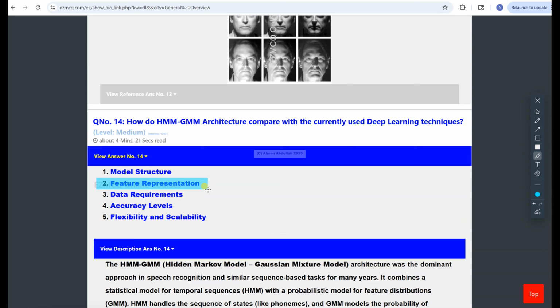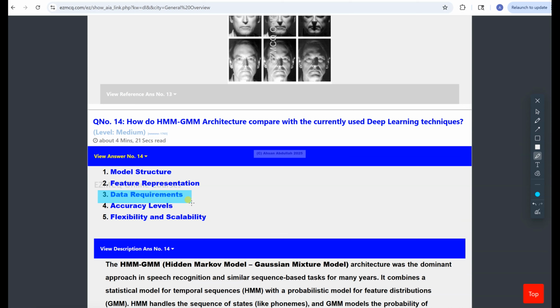Then is the data requirement. Now, it may seem that HMM and GMM perform adequately for limited labeled data due to their probabilistic foundation. And of course, with limited data, there is less richness and less diversity.